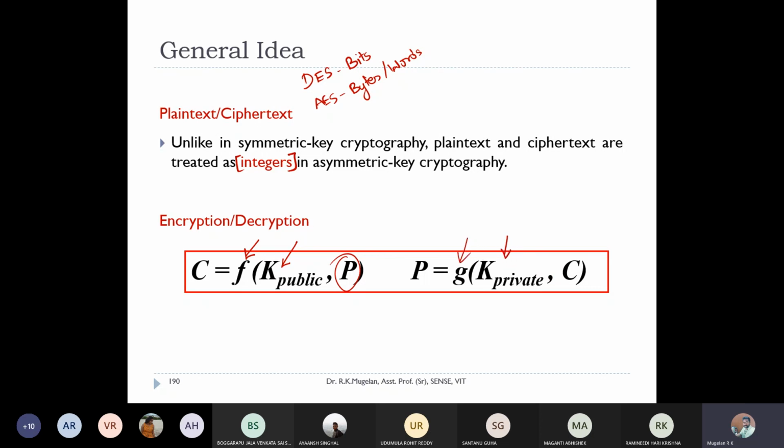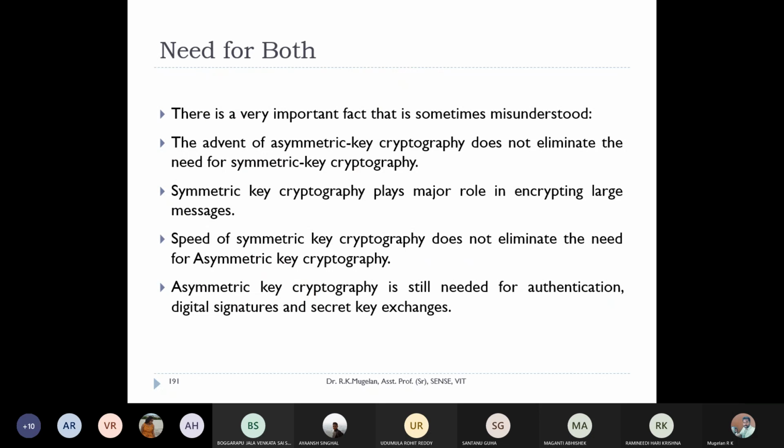What is the need for both, sir? You're saying that symmetric key cryptography is there, asymmetric key cryptography is there. Which is best, or which can overcome the other? It is not like this is best or this is worst, because both have their own advantages and disadvantages.